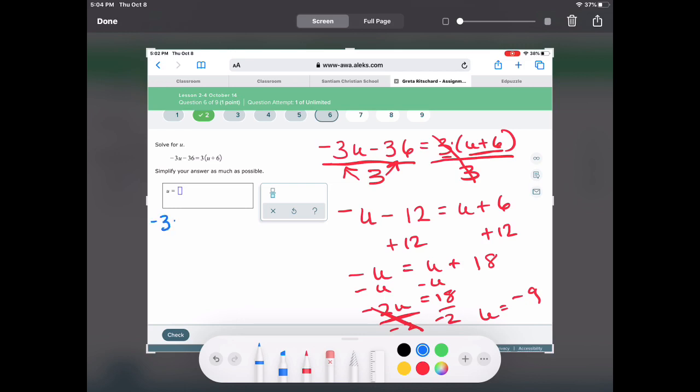I would have had negative 3u minus 36 equals 3u plus 18 if I had done this. And I might have, oh, I was hoping that would get smaller instead of bigger. Right? And I will add 3u to get rid of that.